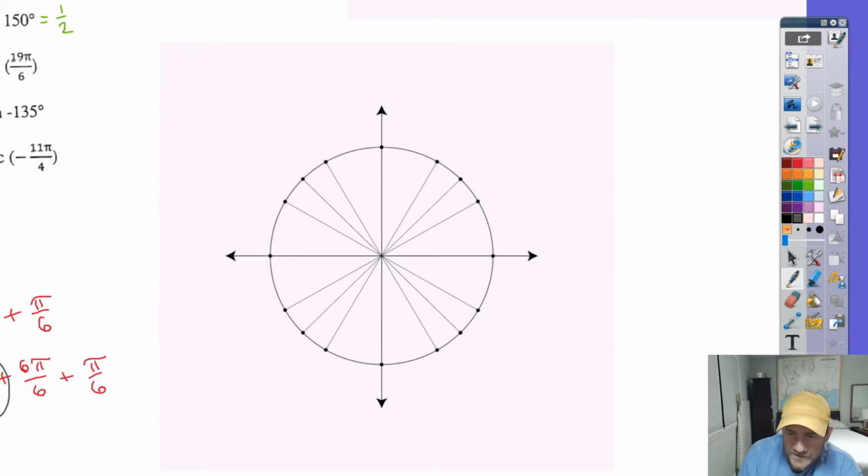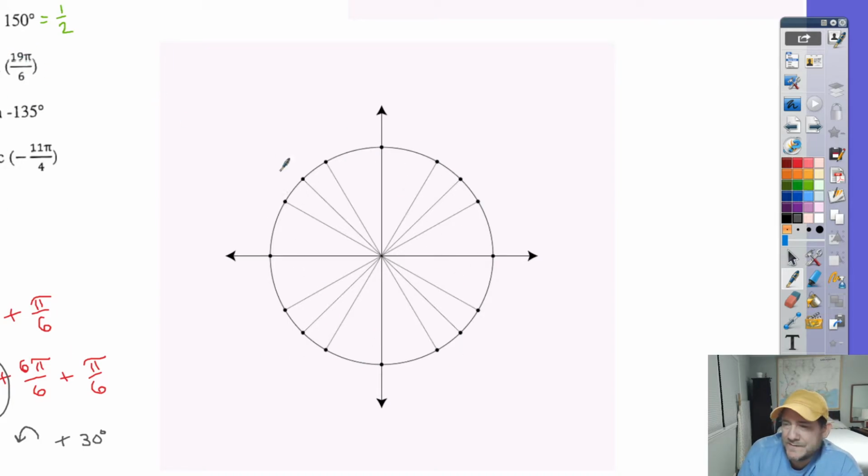That's 12 pi over 6, meaning a full rotation plus an extra 6 pi over 6. That's a half rotation plus a pi over 6, which is an extra 30 degrees. If you can get here, then you're ready to navigate the unit circle really easily.